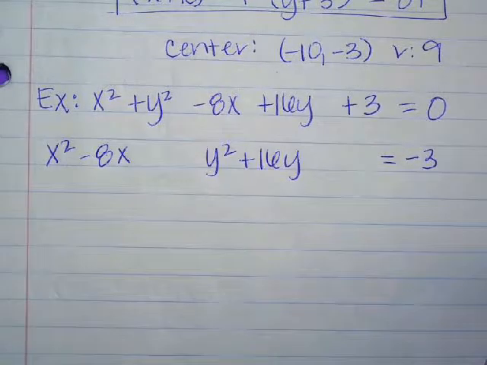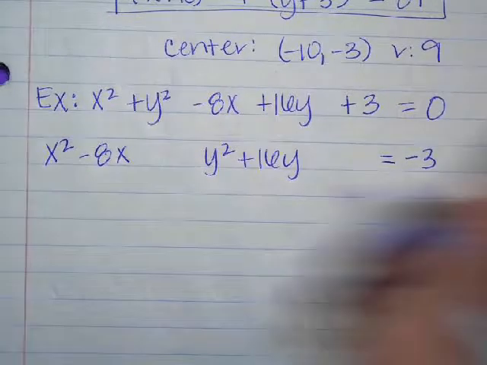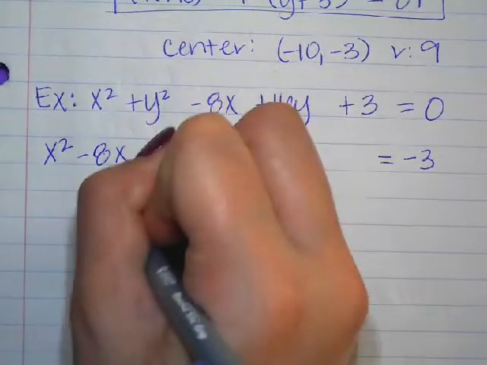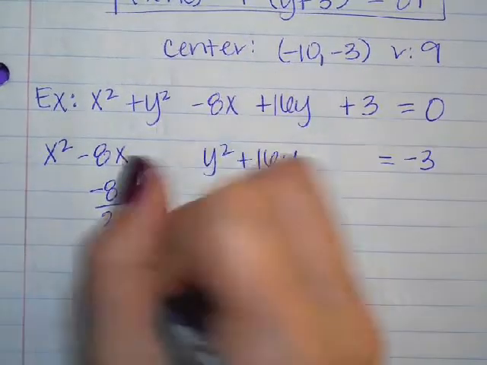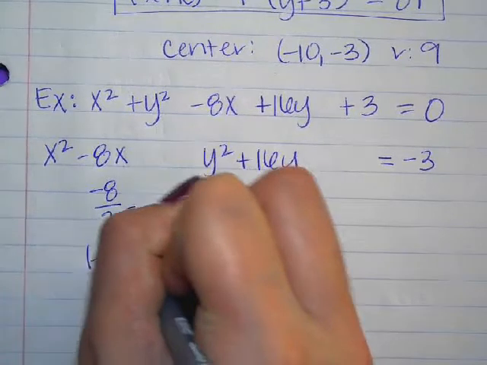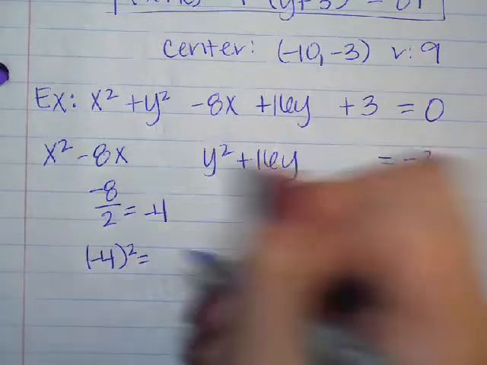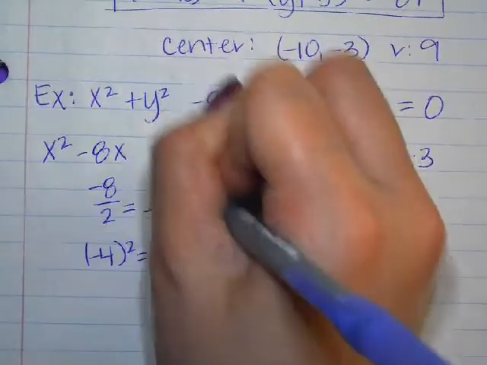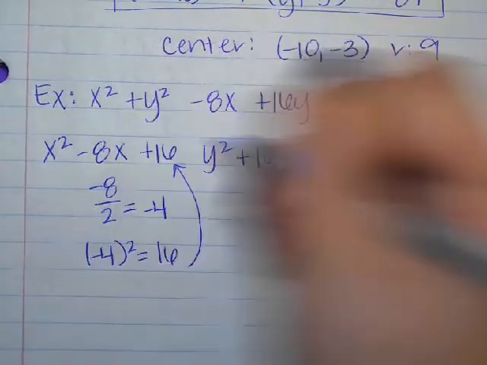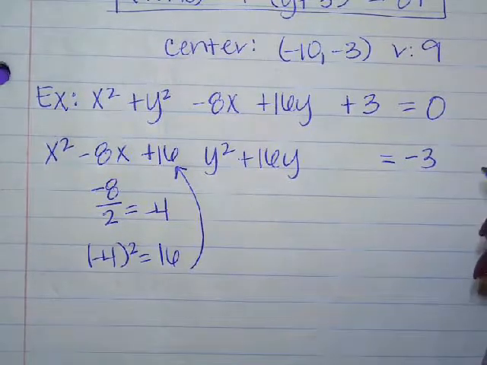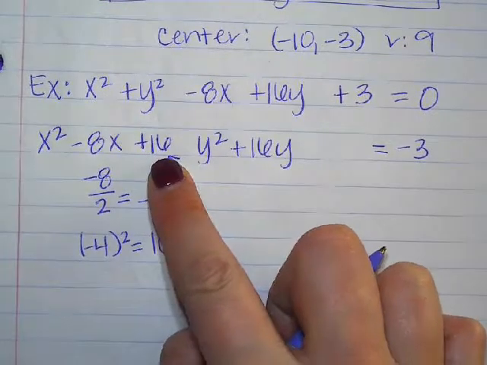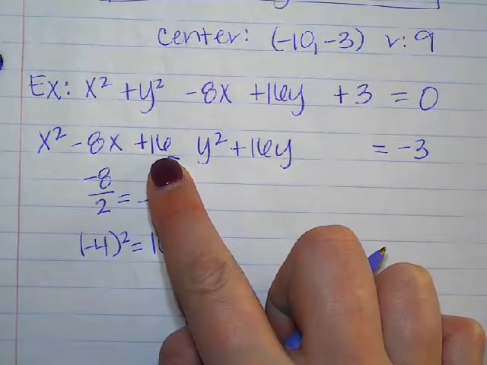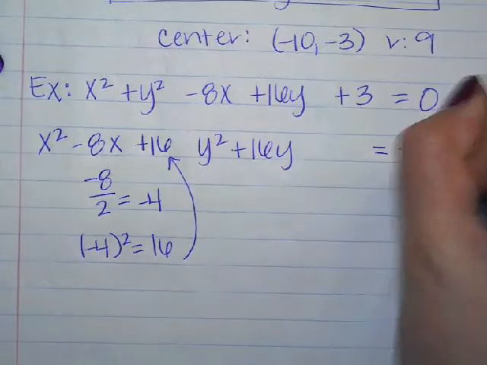Then what do I do? You divide it by 2. So negative 8 divided by 2 is negative 4. Negative 4 squared equals 16. So if we add 16 to the left side, what do we have to do to the right side? Add 16.